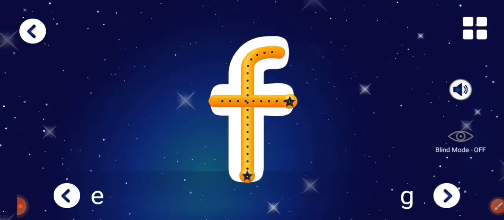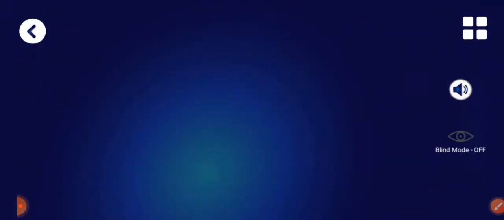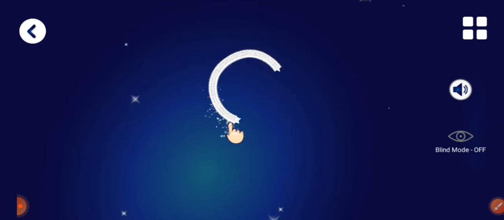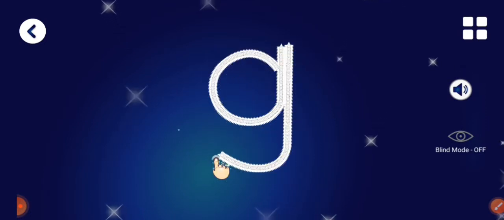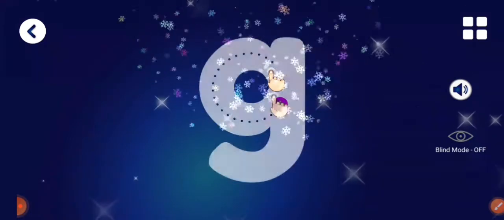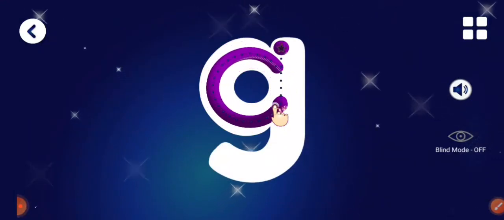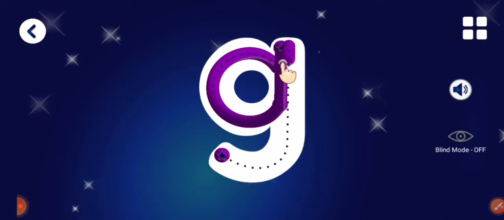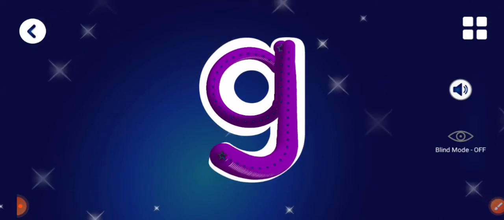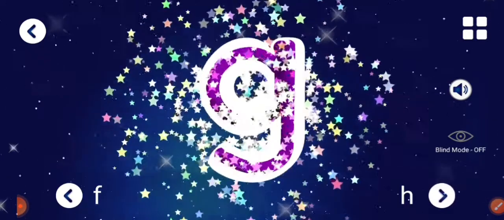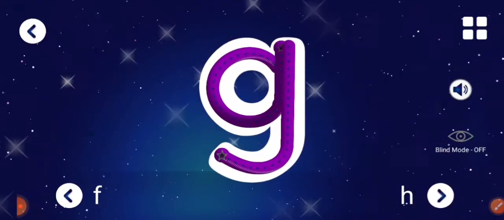So next letter is G. How to write the G? See, half curve, standing line, half curve. Half curve you have to trace it. Then small standing line, then half curve. Down you have to take it like a J, you have to write it.